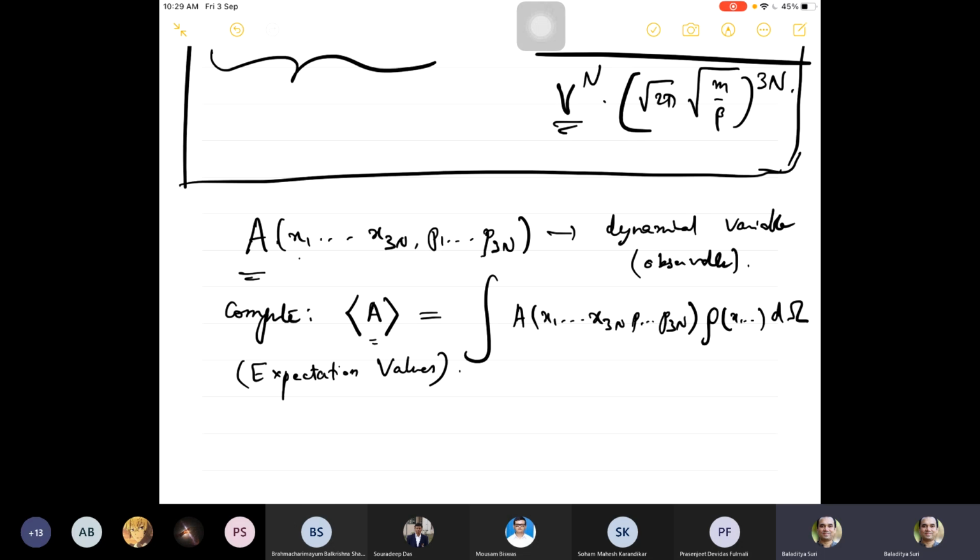Now let us compute the average value of the energy itself. What is the average value of energy? I will not compute this, I will actually write it.